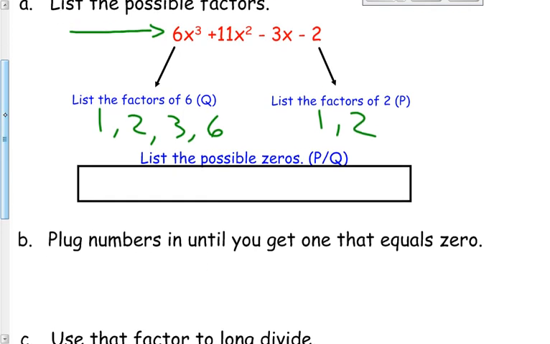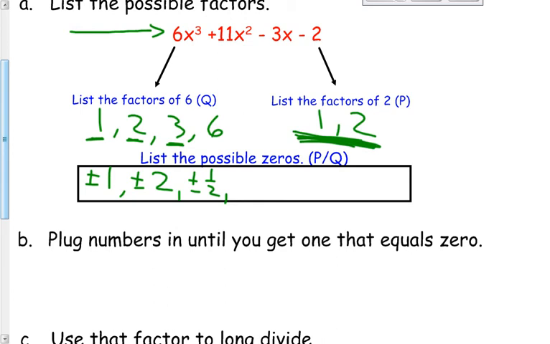So what I'm going to do is it's going to be P, all these over Q. So let's put them over 1. So it's plus and minus 1 divided by 1, which is 1, and plus and minus 2 over 1, which is 2. Now we're going to put 1 and 2 over 2. So then we're going to get plus and minus 1/2, and plus and minus 2 divided by 2, which is just 1. I don't have to write that again. Other possibilities are 1 and 2 divided by 3.